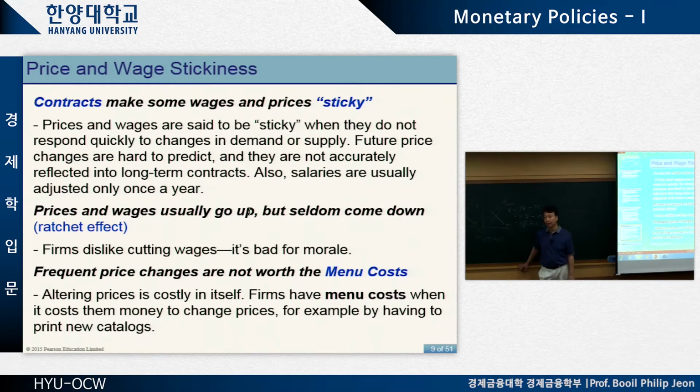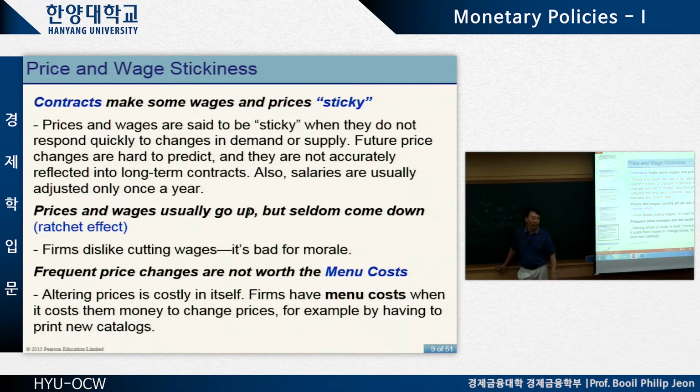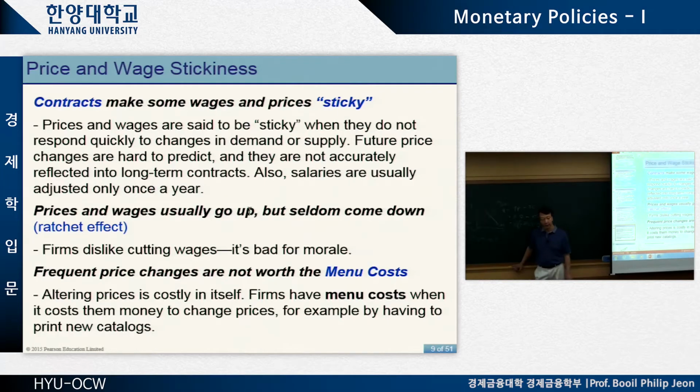Perhaps because there's a contract. Union workers usually get a 3-year contract, so just because the economy is slower, the employers cannot cut the wages of their employees. And even if you don't have that 3-year contract, usually you have at least a 1-year contract, so your salary is usually adjusted once a year.